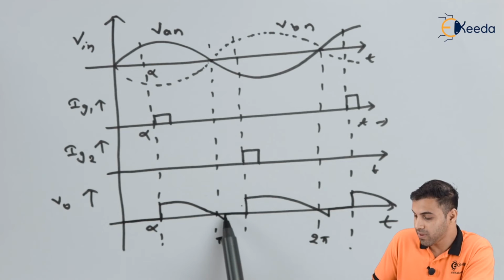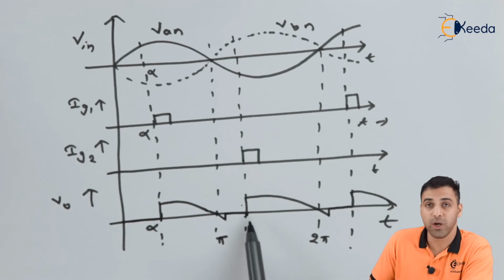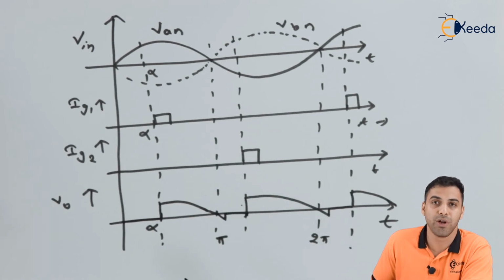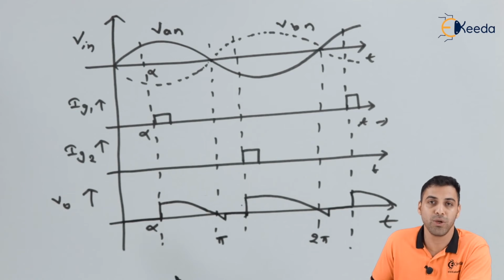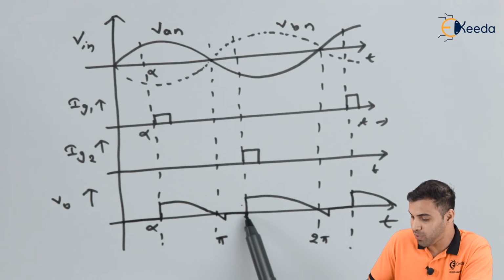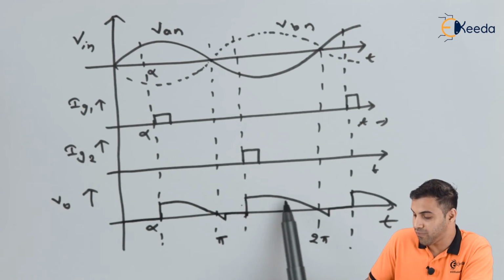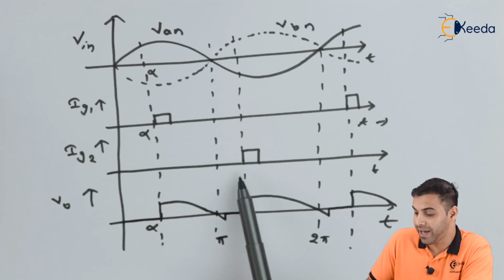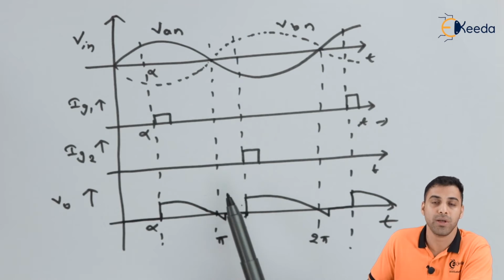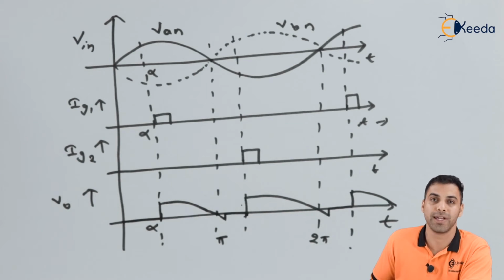Now again, from this point to this point, output voltage will not be appearing because no thyristor conducts the electric current. Now again, at this point, you can see the waveform of the output voltage because thyristor T2 is switched on just by applying a gate voltage to the thyristor T2, and so on and so forth.